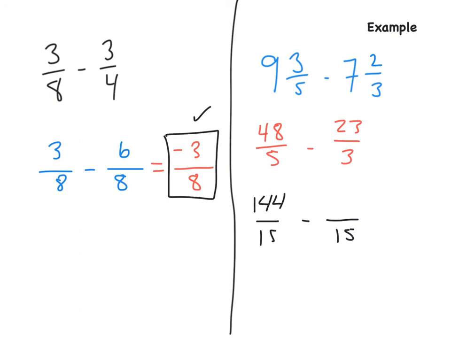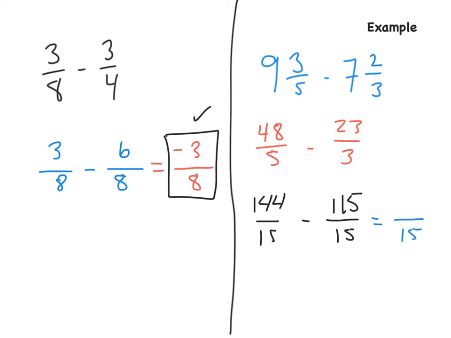So if we multiply by 5 in the denominator, we must multiply by 5 in the numerator. So 23 times 5 is equal to 115.